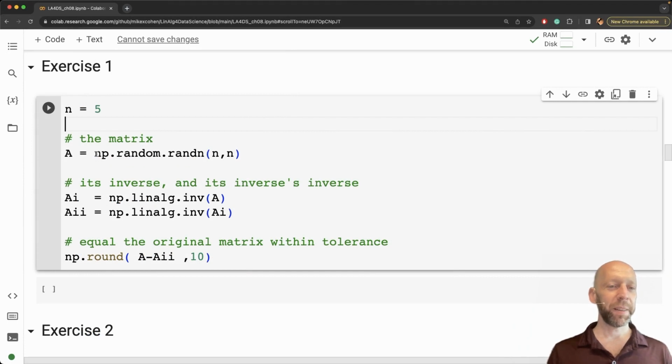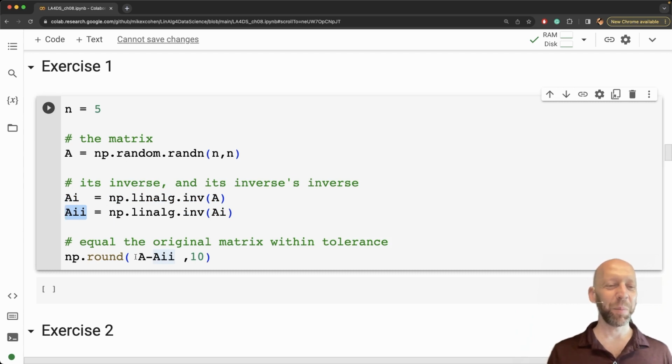So we have some random matrix, n by n, and as I mentioned elsewhere in the book, especially when these are floating point random numbers, this is basically guaranteed to be a full rank matrix. Here we take the inverse of that matrix, which I call AI, and here we take the inverse of the matrix inverse, which is AII, so the matrix inverse inverse.